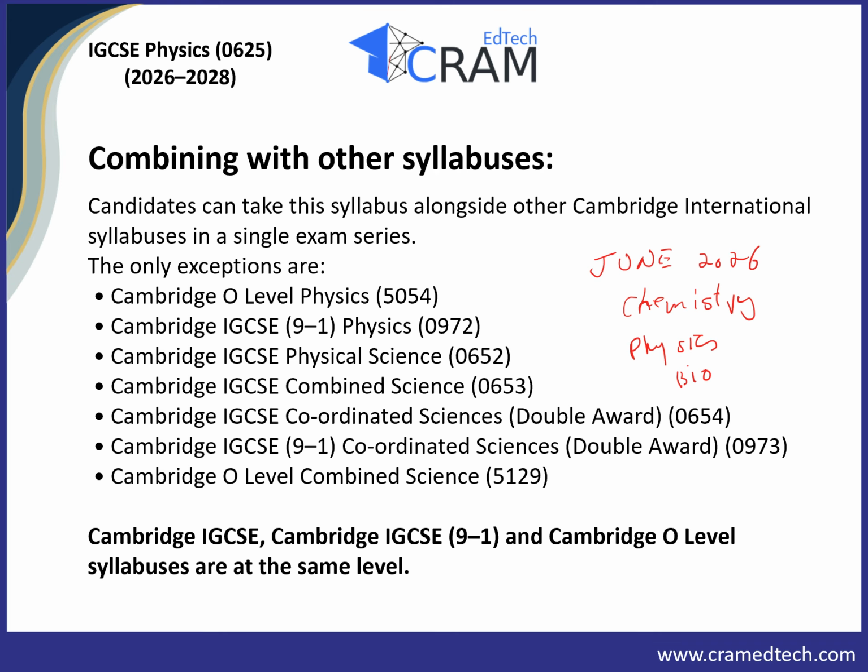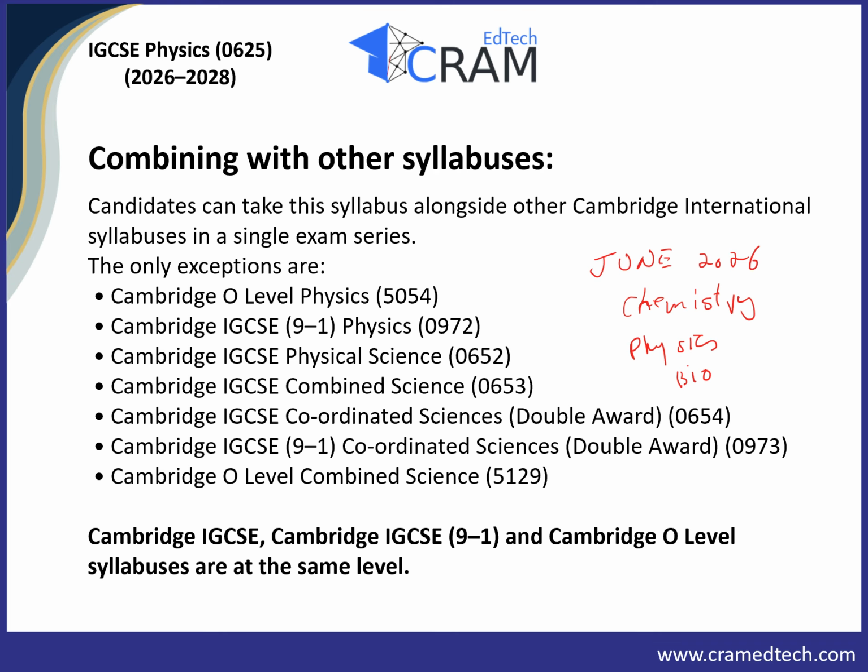It means combined science or any other curriculum offered by Cambridge can be taken in the next examination series, not in the same one. We cannot write all these assessments parallel to each other.